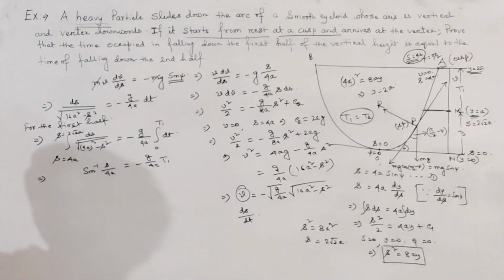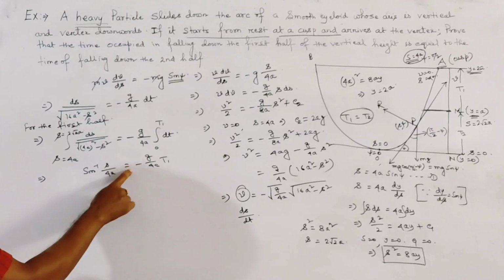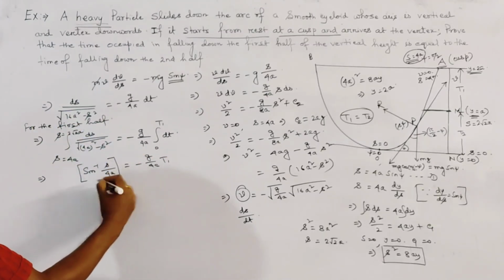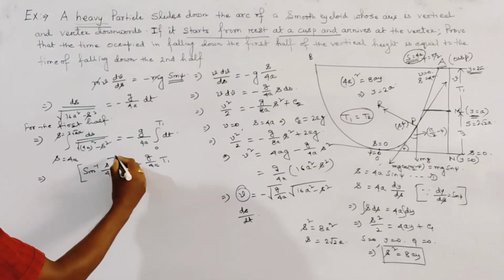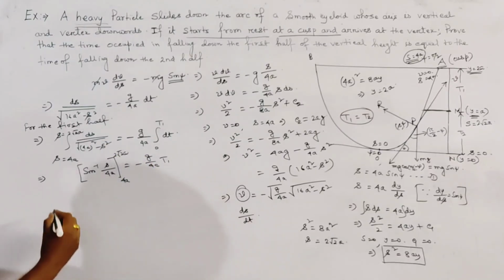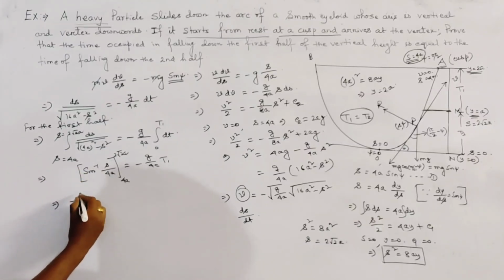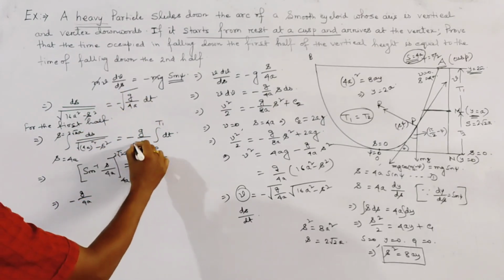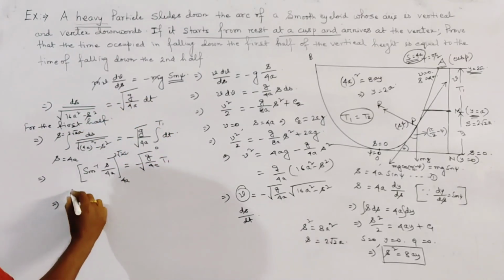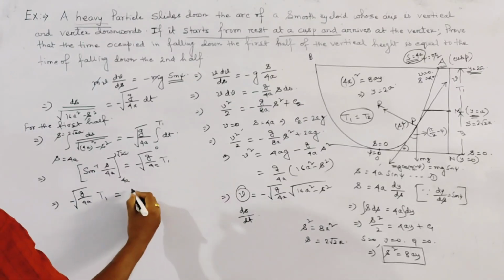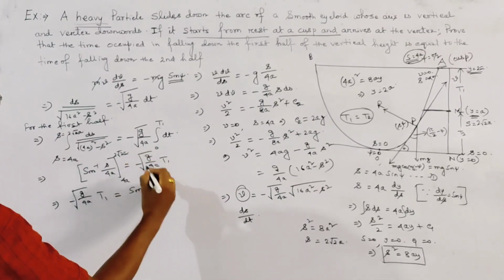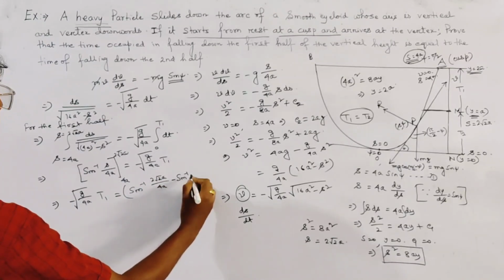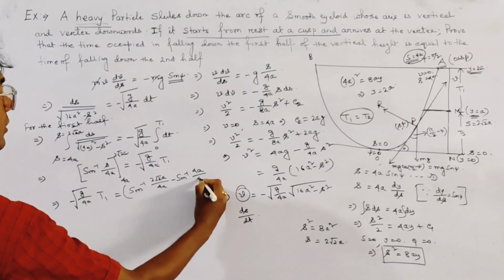Now integrating the above result, we get sine inverse s by 4a equal to minus root g by 4a into t1. Okay, and the lower range of the left hand side is 4a and the upper range is 2 root 2a. Now putting the range, we get minus root g by 4a into capital T1 equal to sine inverse of 2 root 2a by 4a minus sine inverse of 4a by 4a.